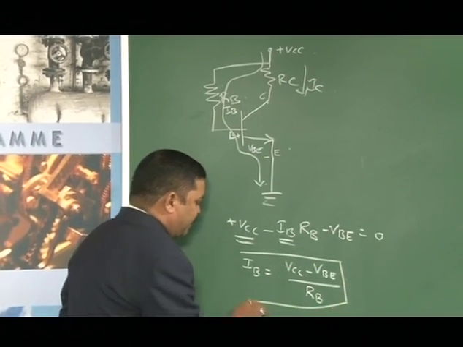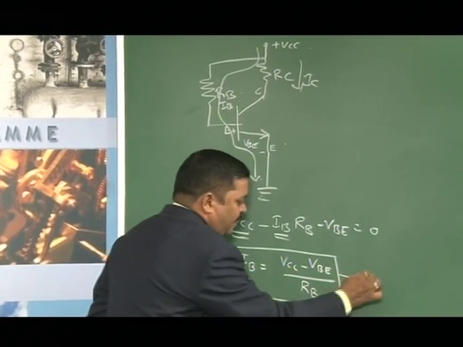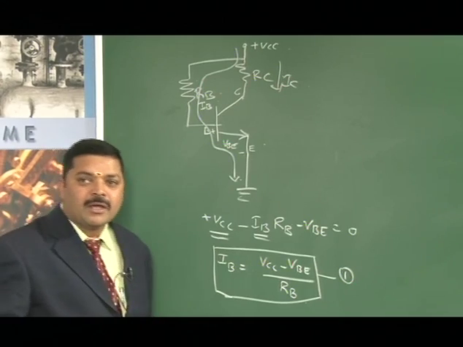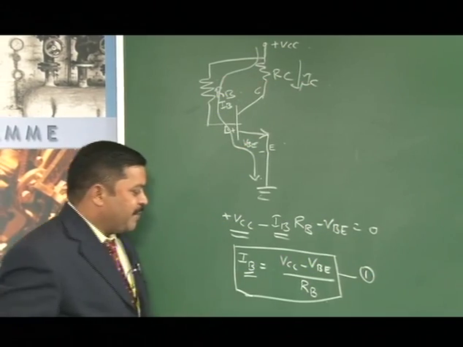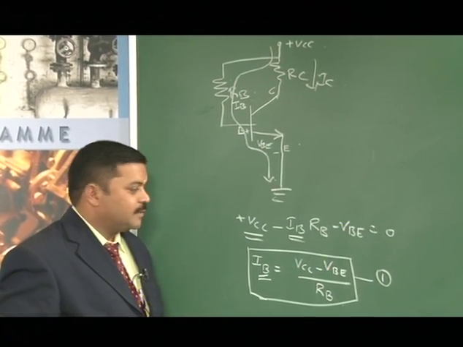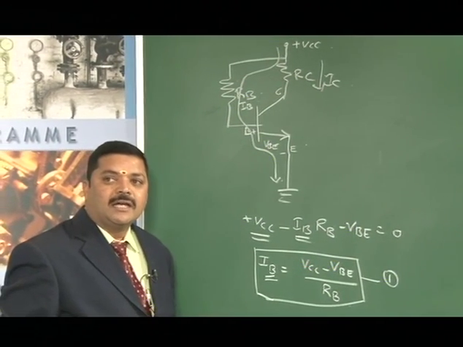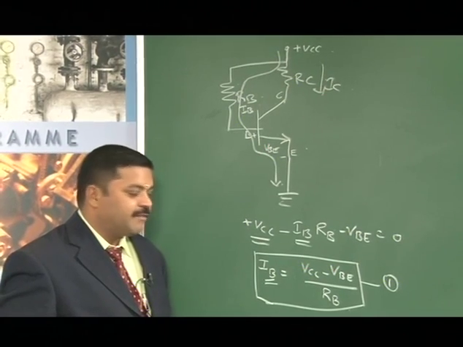So this is the base current which we get. Let me call this equation 1. Now I said a constant base current is made to flow in the base region, so that we get a constant collector current, so that we get faithful amplification.